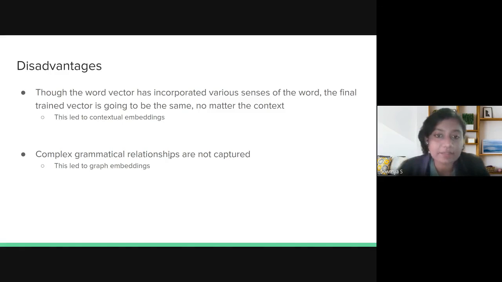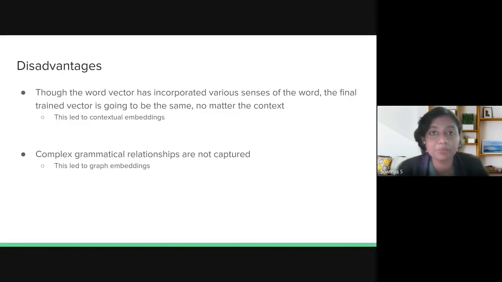Next, yes, we saw syntactic and part of speech aspects were captured, but complex aspects like what is the subject, who is the entity, and so on, are not being captured. We saw that in dependency parsing, where grammatical relationships could be captured, and that led to interest in graph embedding.